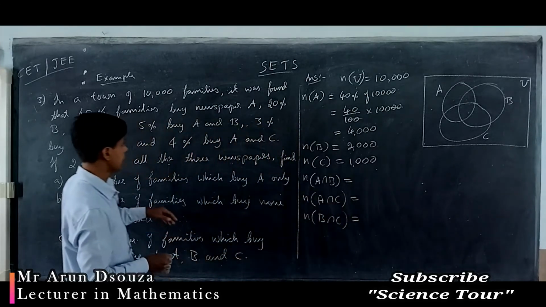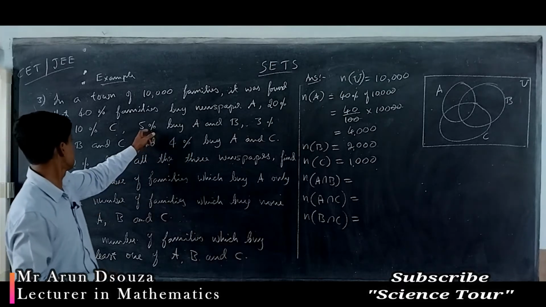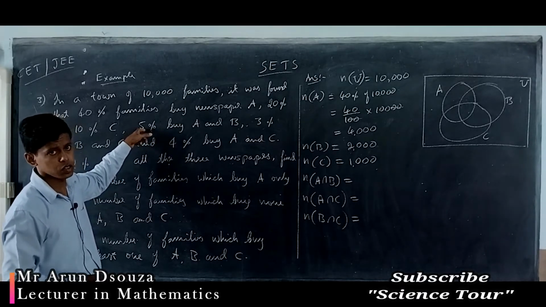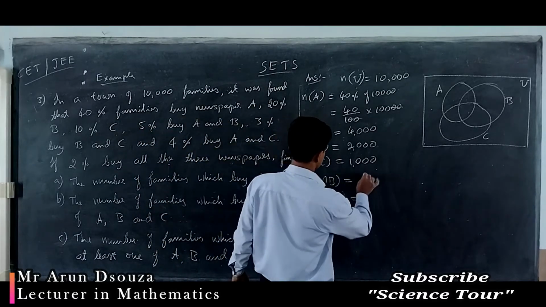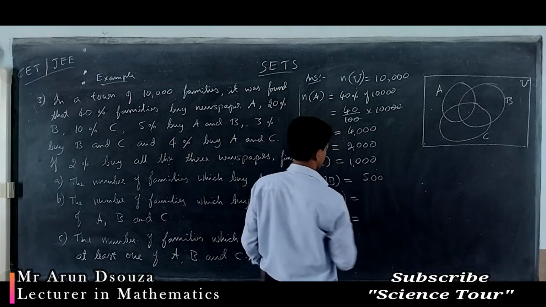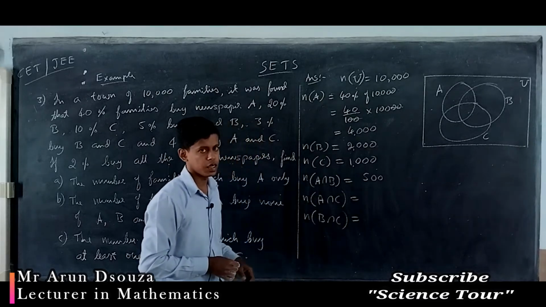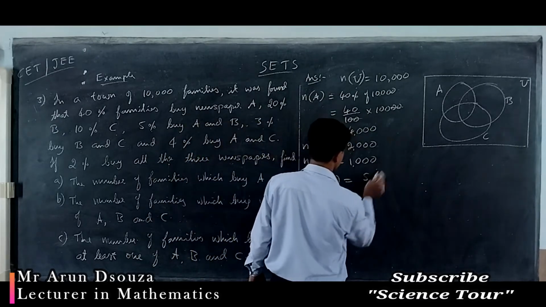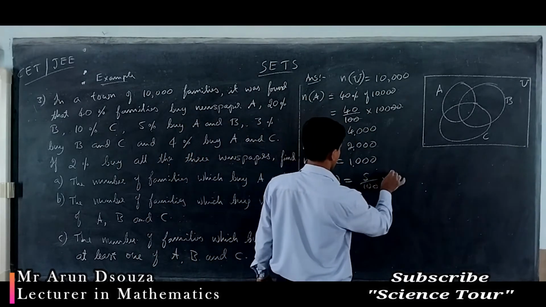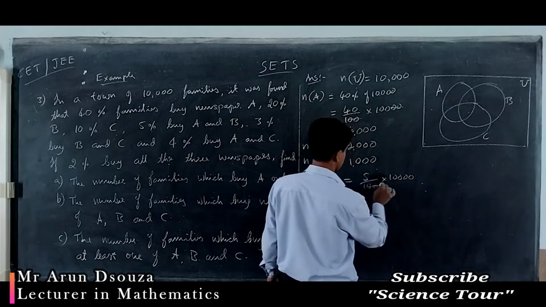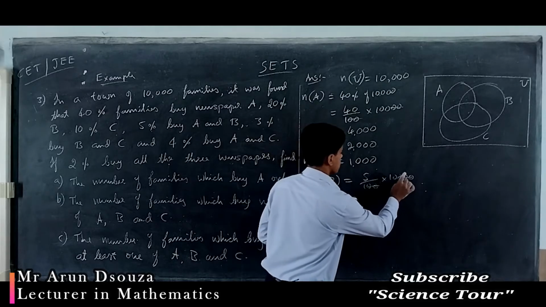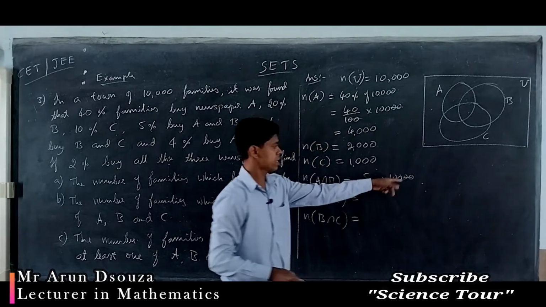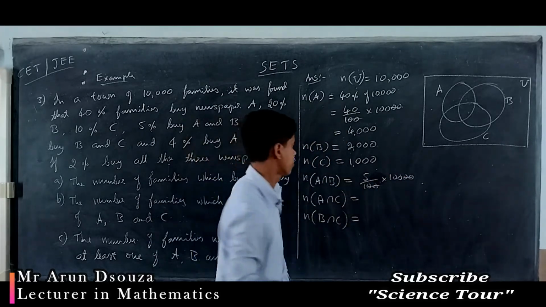So now A and B. How many people buy both the newspapers A and B? 5%. So that is 500. 5% of 10,000, two zeros are cancelled. 5 into 100, 500.